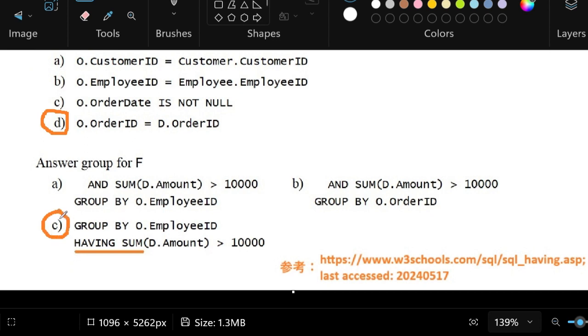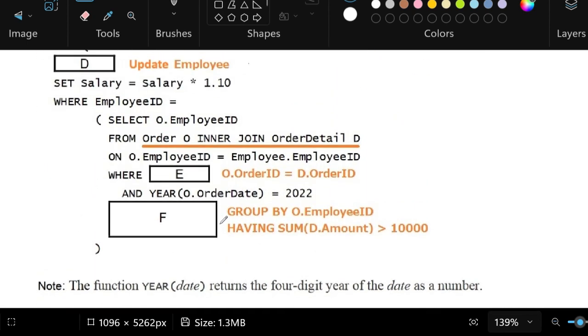Actually, I think about half a year ago when I was attempting to answer this, I also wasn't too certain which one is the correct answer, particularly because the having sum part, I haven't encountered this before, but it turns out according to W3 Schools, it's just another way of saying where, except that if you have a big statement and you want to have multiple wheres, something like the one we have here, where it's supposed to be inside another type of statement, then we can go with having sum, so that it's clear that it's for this part and not for the one previous to it.